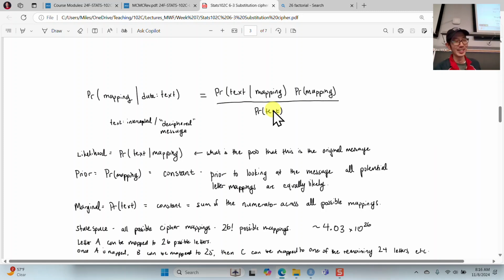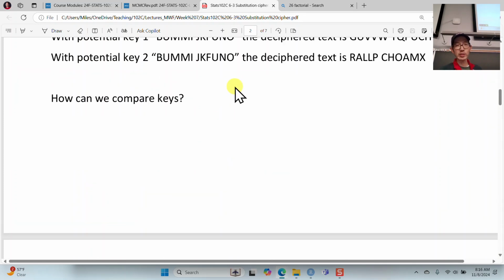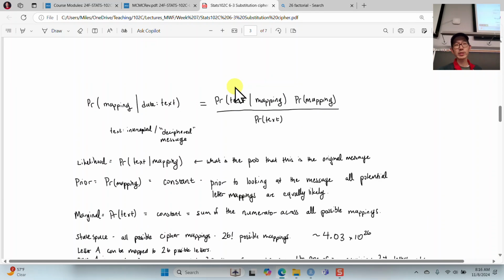So, it feels very strange. But when we think about the likelihood of the text given the mapping, it's like asking what is the likelihood that whatever text we decipher was the original message.